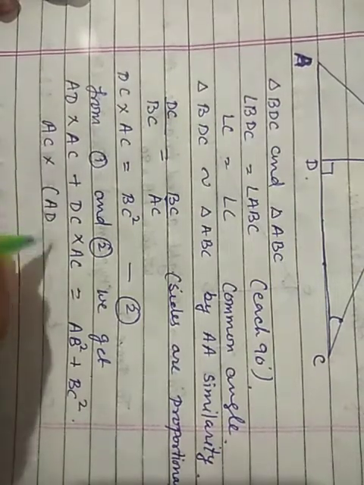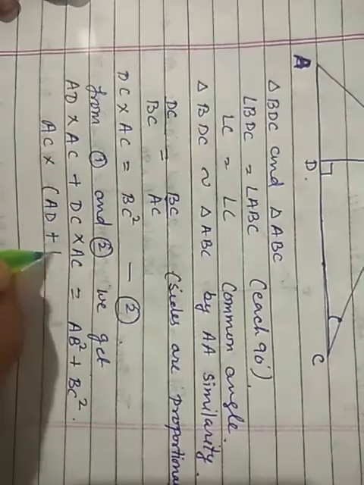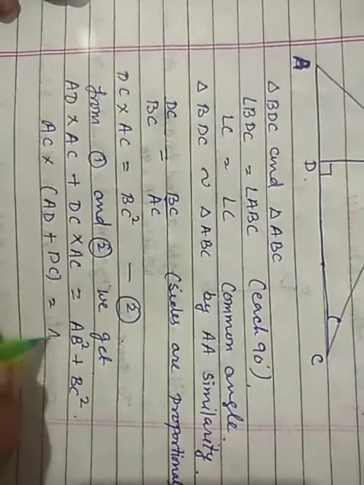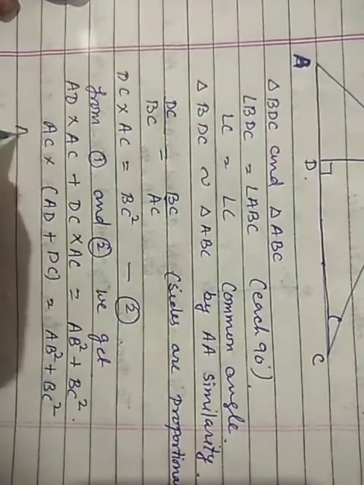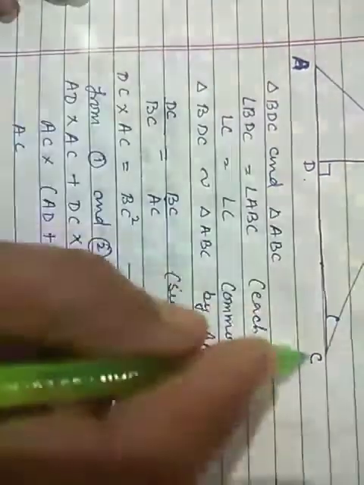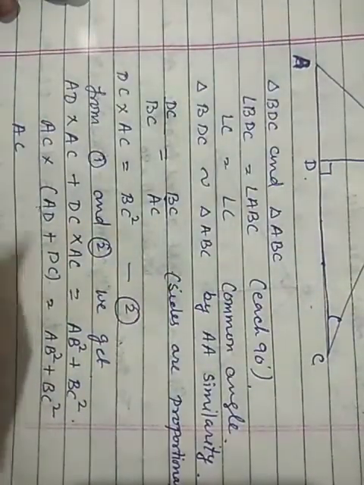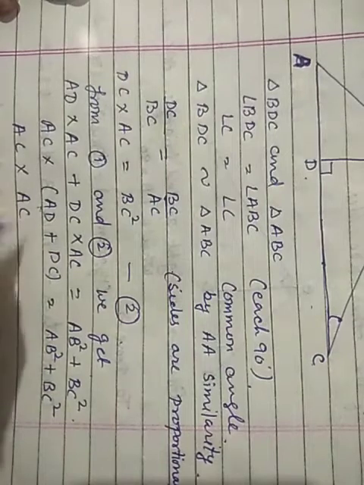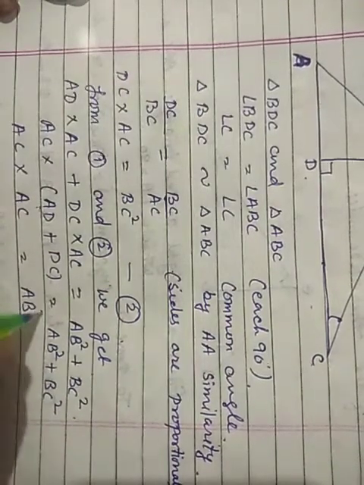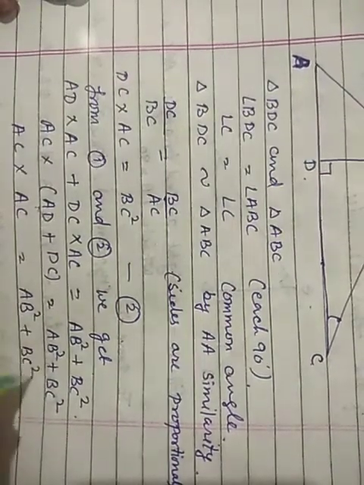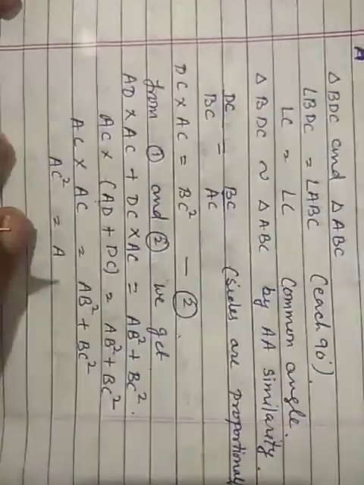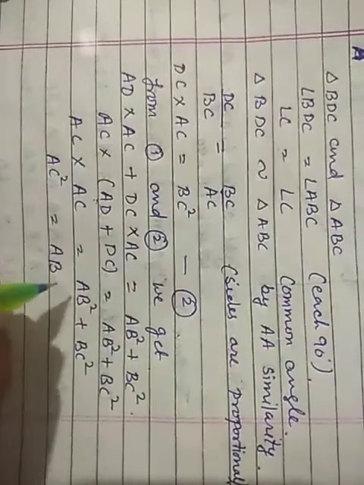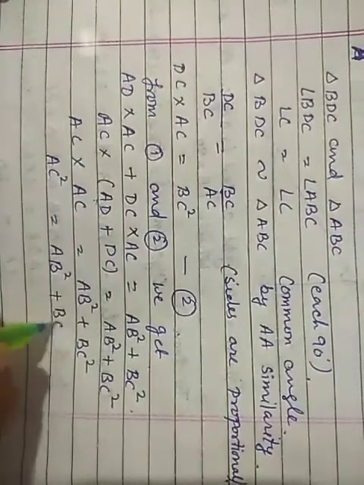So in bracket AD plus DC is left, and here AB square plus BC square. AD plus DC is AC. So in place of AD plus DC we can write AC. So here we will get AC square is equal to AB square plus BC square.